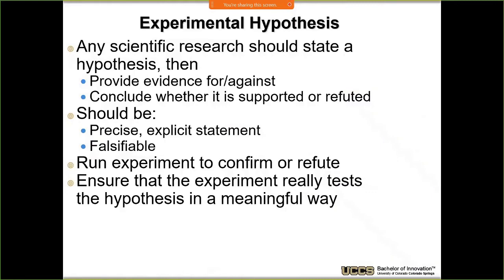The experimental hypothesis is really any research should state a hypothesis. That's our experimental hypothesis. We want to state it and provide evidence for or against it. So I can have experimental support for something, and I can have experimental data that shows something is not true. In fact, experiments can never prove things true. They can only prove them wrong, because I can say that this data is inconsistent.